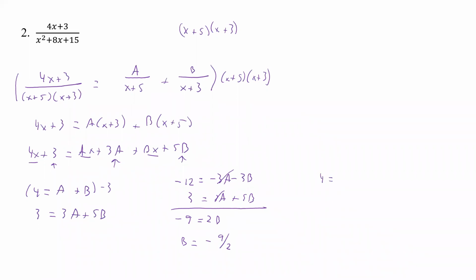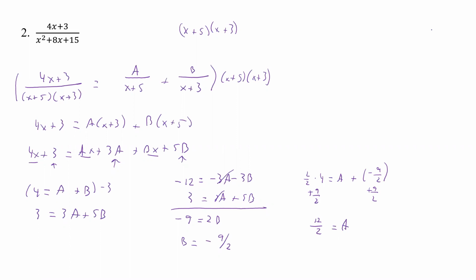So 4 equals A plus negative 9/2. So if we add 9/2 to both sides, well, 4 doesn't have fractions, so I have to multiply that by 2 over 2. So that's going to be 8 plus 9, so that's going to be 17/2 is equal to A.